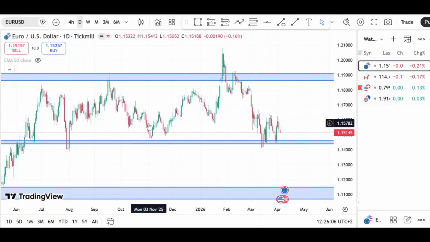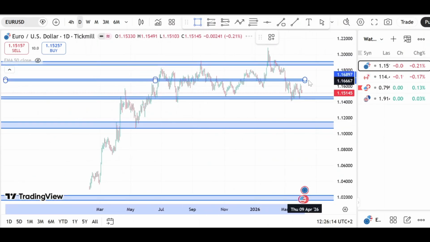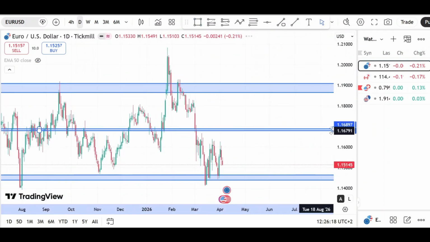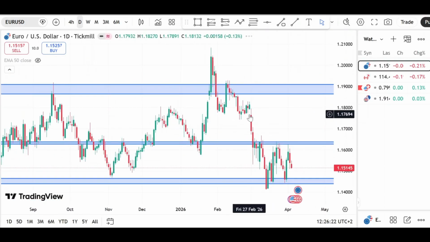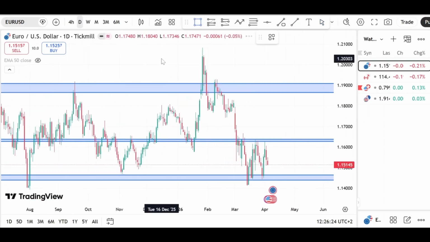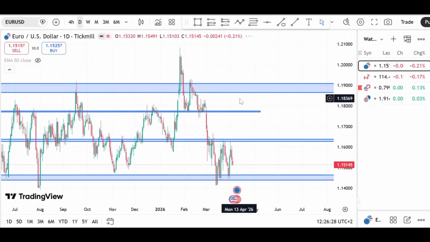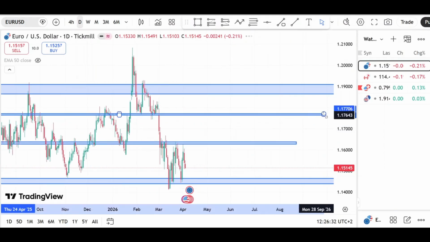So let's go to the daily time frame to see what's happening. As you can see here, we have been in a downward trend, but also in a range or a consolidation.